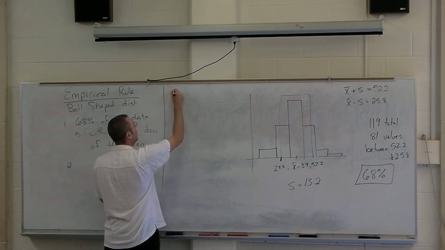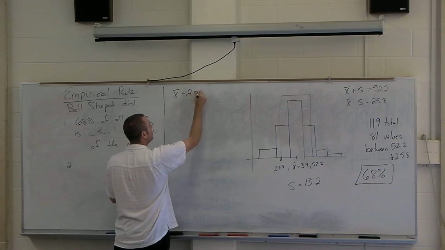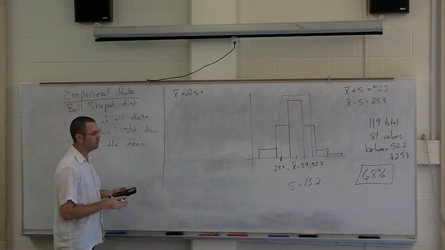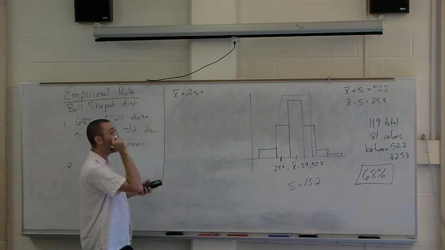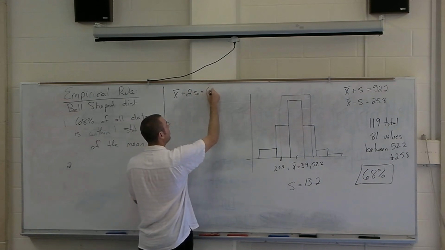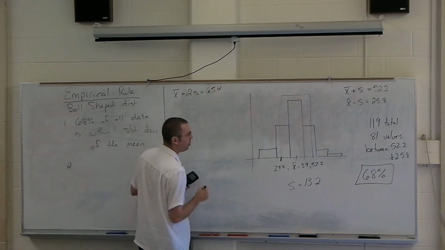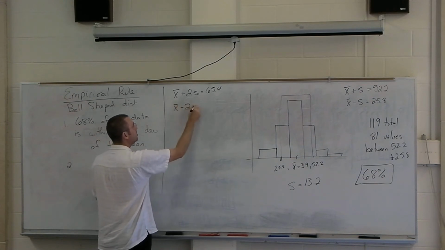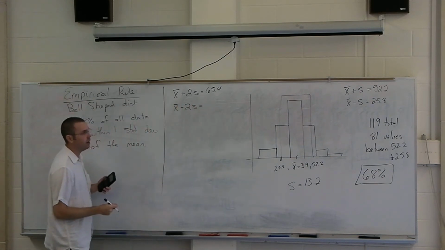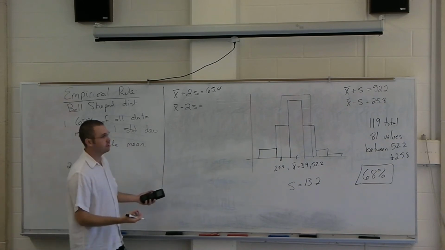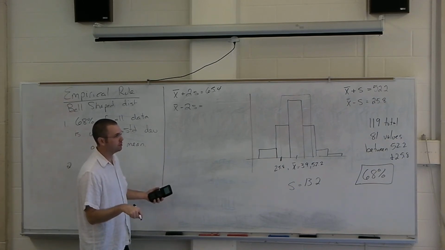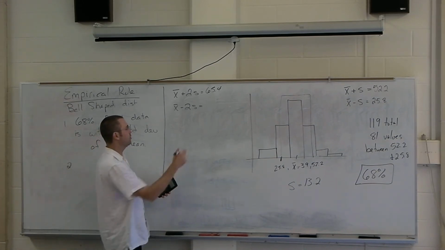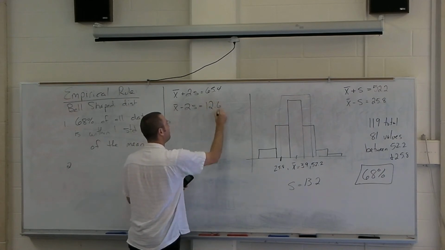If we take x bar plus 2 standard deviations, what do we get? That's right, we get 65.4. Good job. And if we go lower, x bar minus 2 standard deviations, what do we get there? 12.6. There you go, 12.6 on the low side.